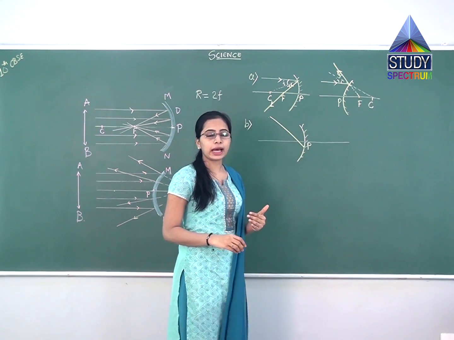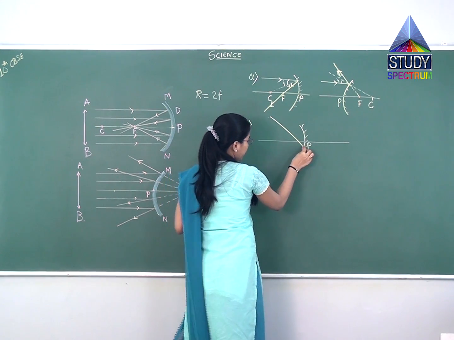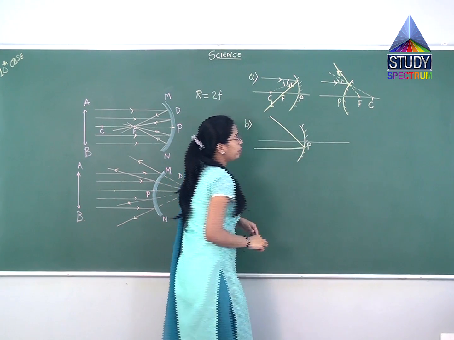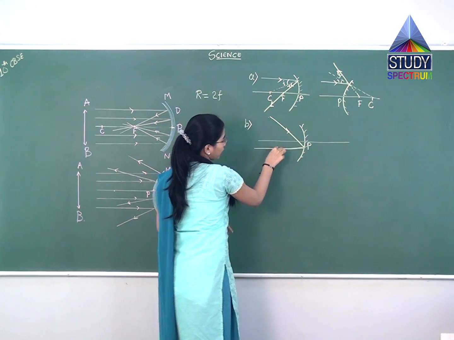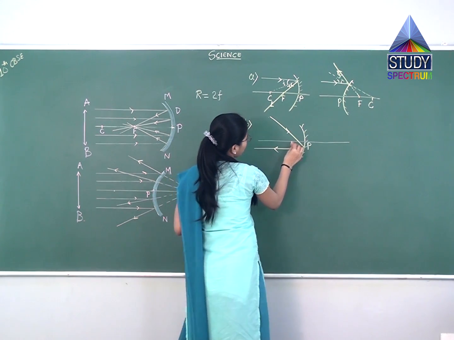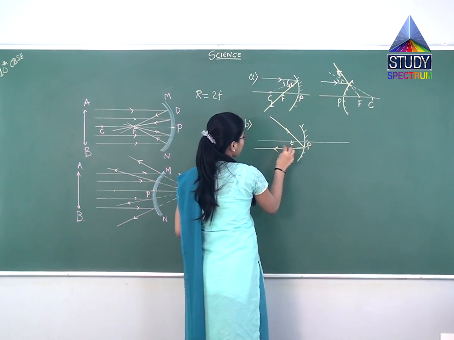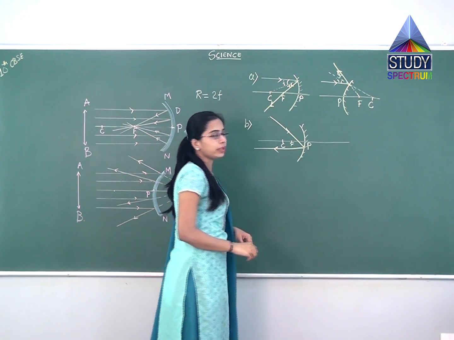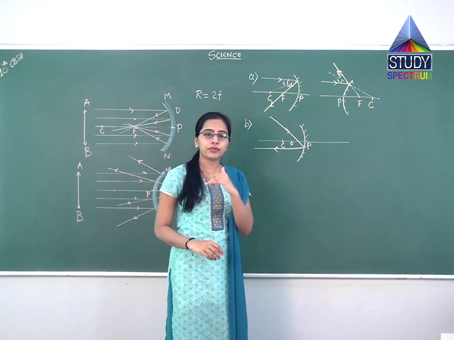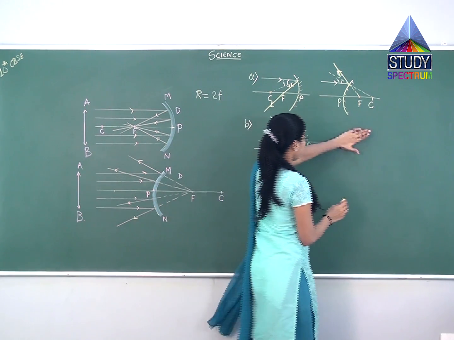So you will see that after reflection this ray will become parallel to the principal axis. Suppose this was your focus and this was your center. Again a similar thing is happening for the convex mirror.